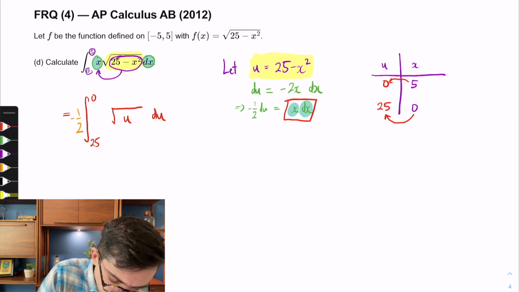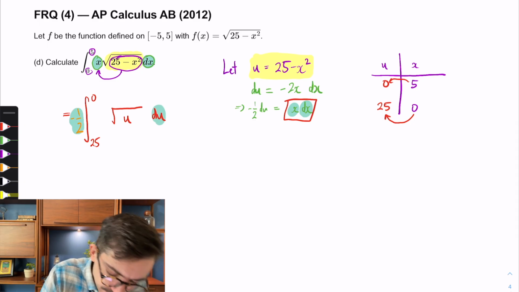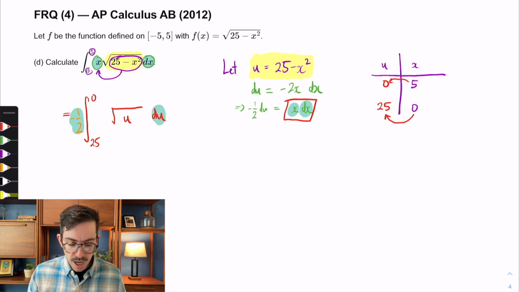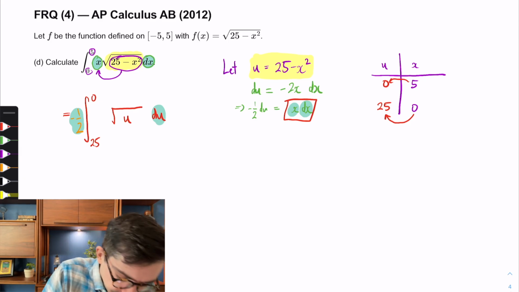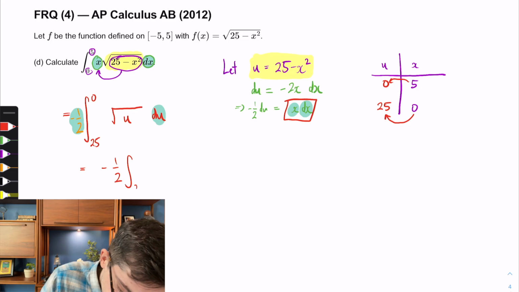Okay. So x dx gave me -1/2 du. This is now an integral that I can calculate without too much bother. So I'll have -1/2 integral 25 up to 0.